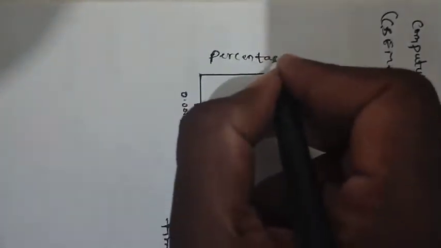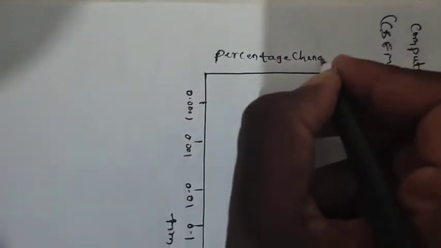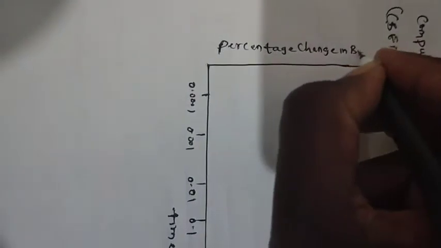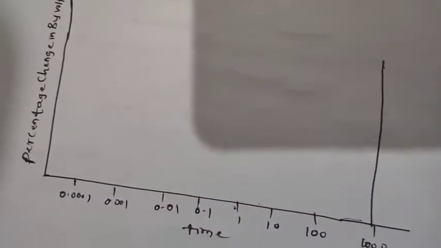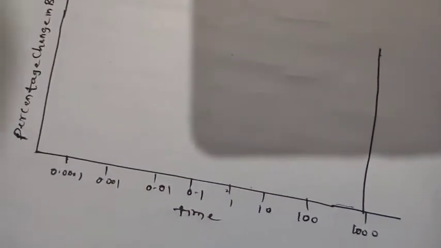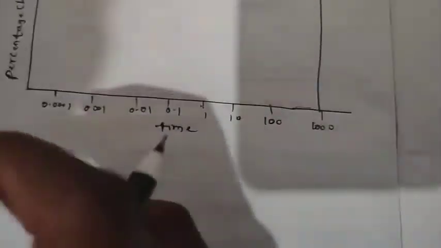On the y-axis I am taking the percentage change in bus voltage. So we can accept this.